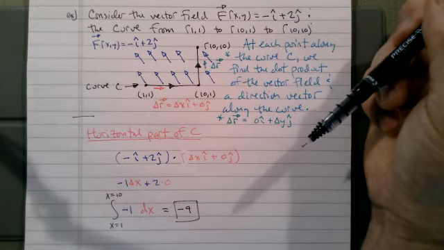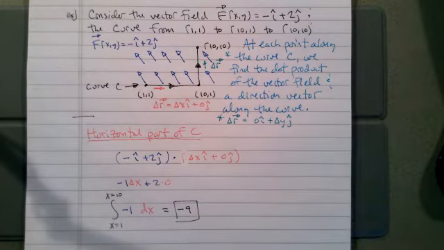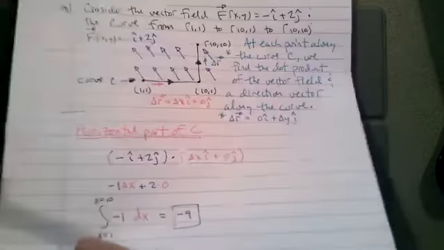So let's make the calculation for the vertical part of C, which is the green part. On the vertical part of C, we're going to make a similar calculation.